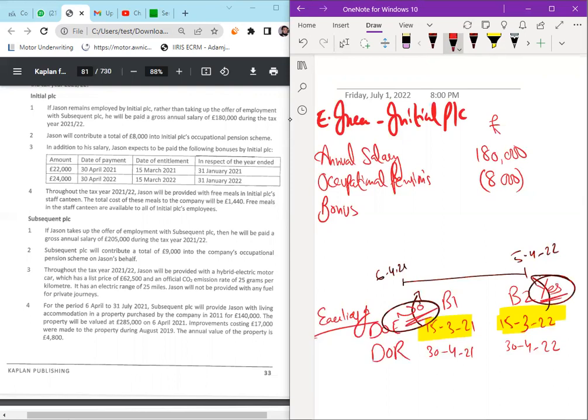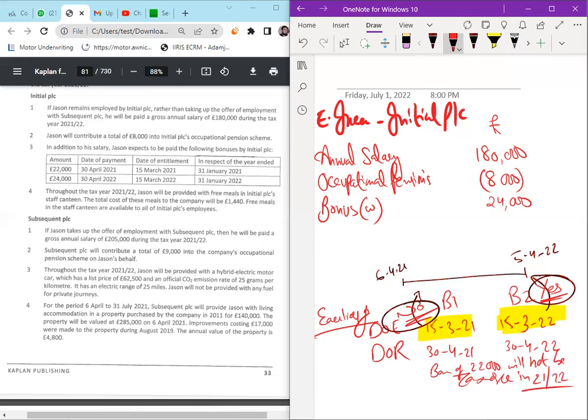Answer is yes. So bonus, working reference, and the amount for 15 March 22 is 24,000 pounds, which we are going to add in the format. And the bonus of 22,000 will not be taxable in 21-22.